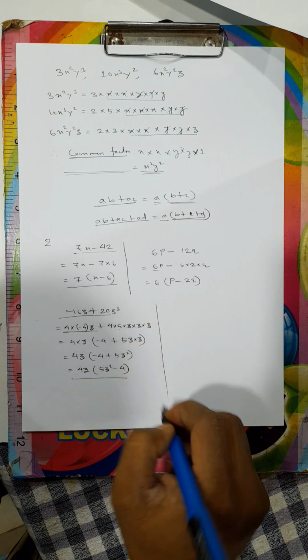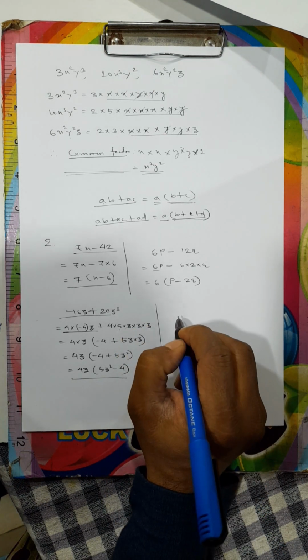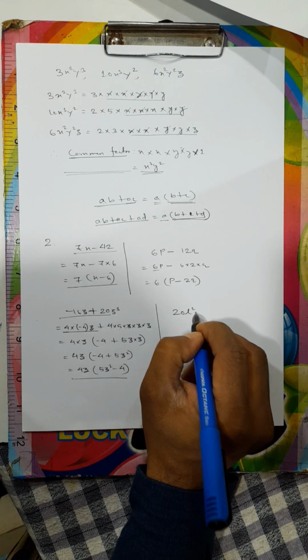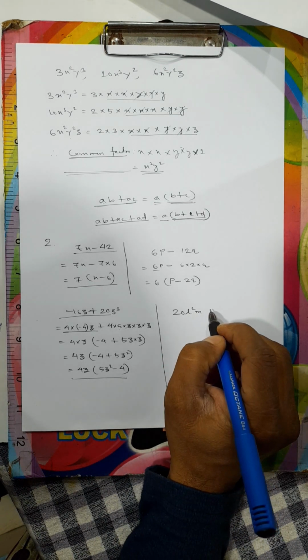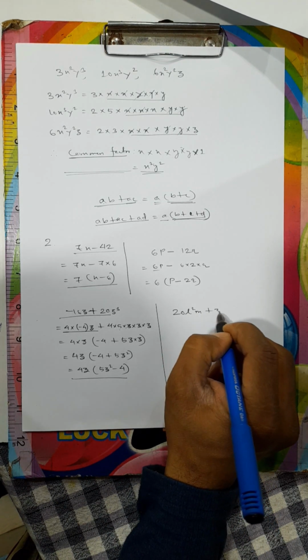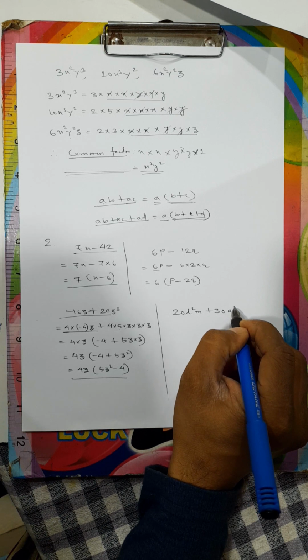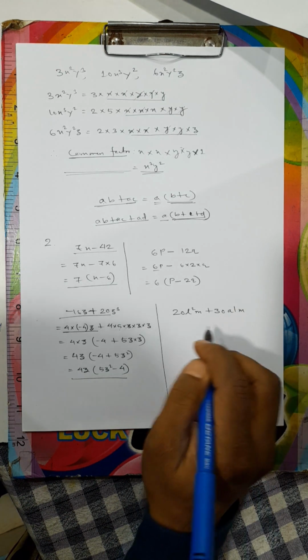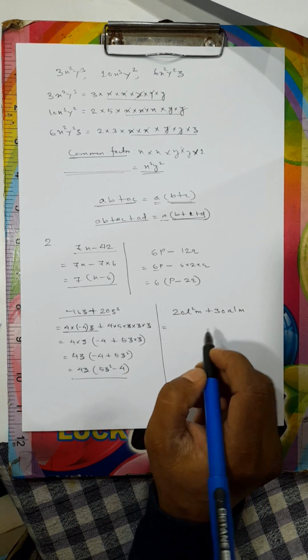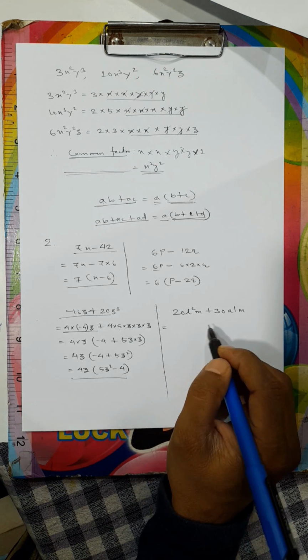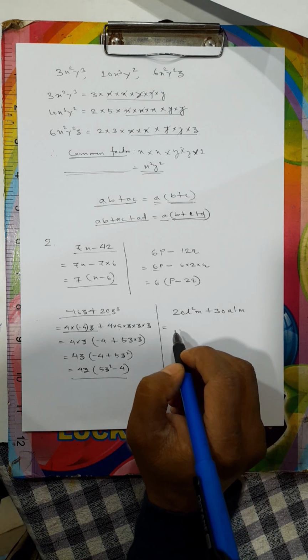Let us do one more example here. Say 20 L square m plus 30 a into L into m. Now, what is the common factor of 20 and 30? Both are divisible by 10, right?